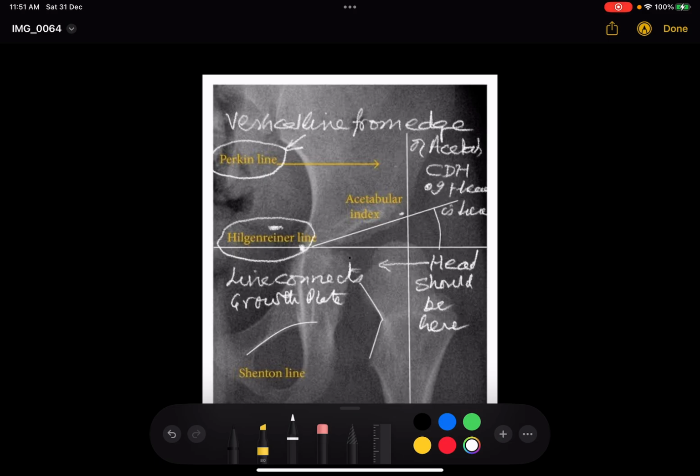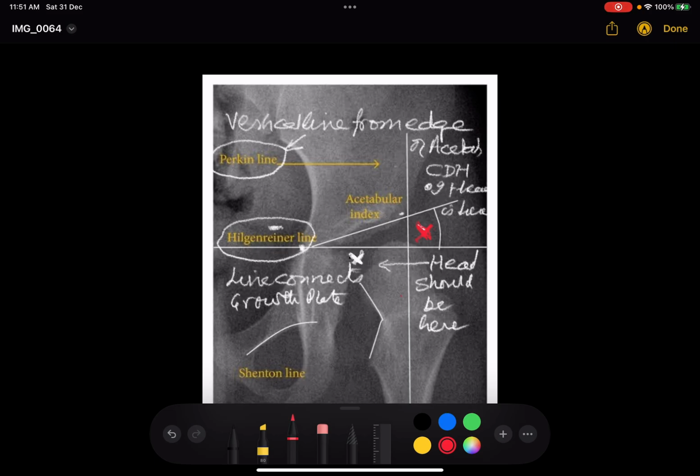Now, a normal hip should lie in this quadrant, and an abnormal hip will lie in this quadrant. So this is the abnormal. If the hip is in this quadrant or the neck is pointing towards this quadrant, it is a dislocation of the hip.